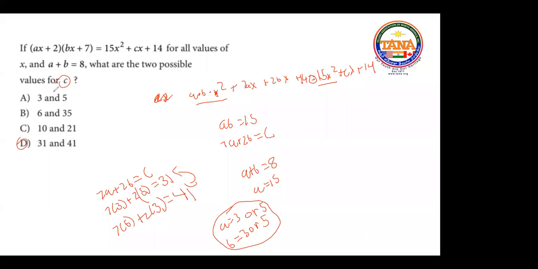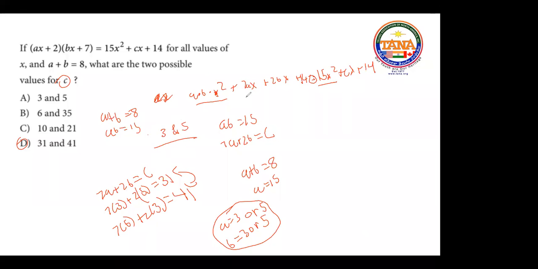All right, so systems of equations again. You have a plus b equals 8, and ab equals 15. So you know a times b has to equal 15, and a plus b has to equal 8. The only values that match that are 3 and 5, and we don't know which is which, so we just take both, and you plug these two values into 7a plus 2b equals c.